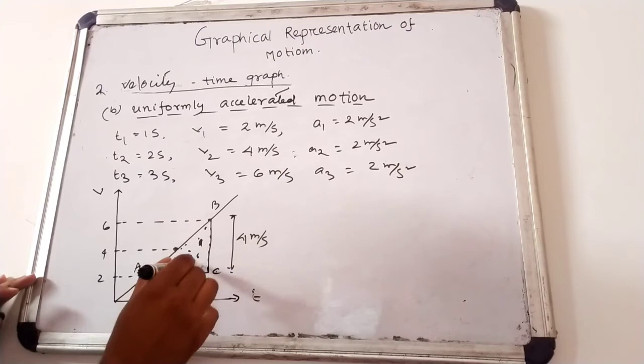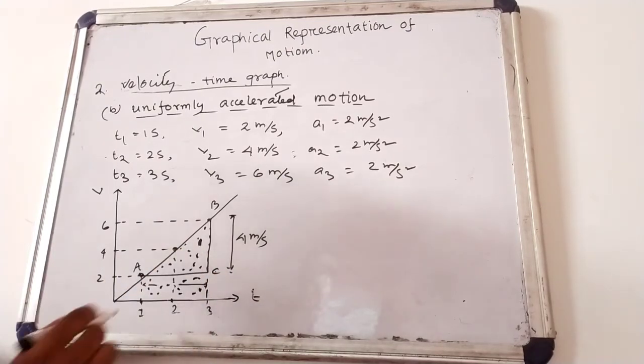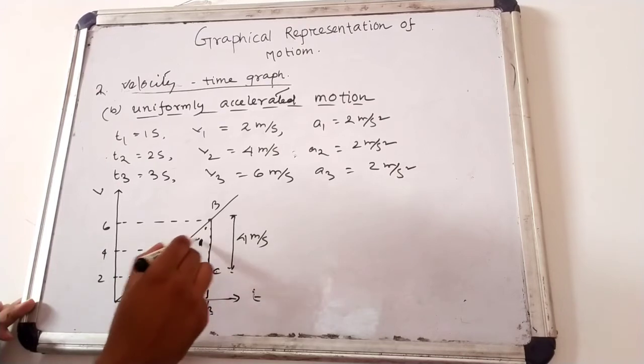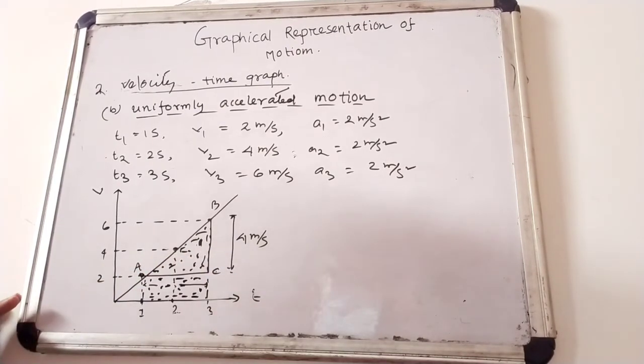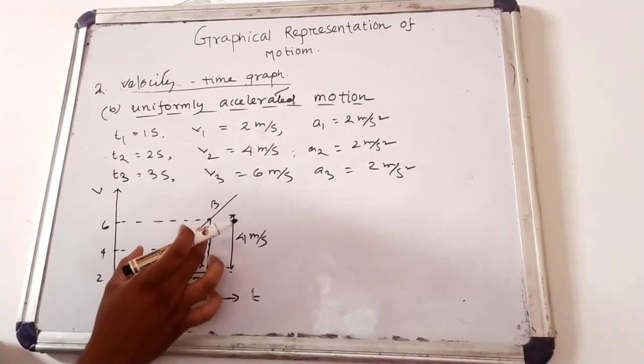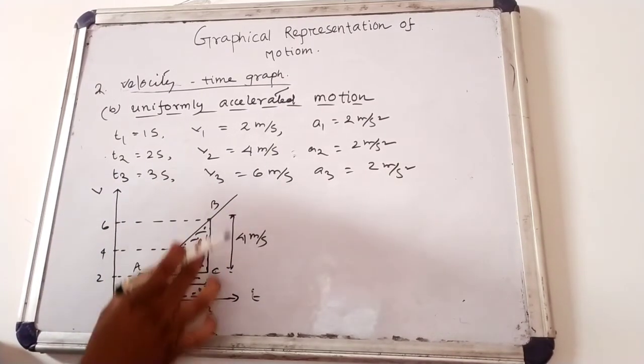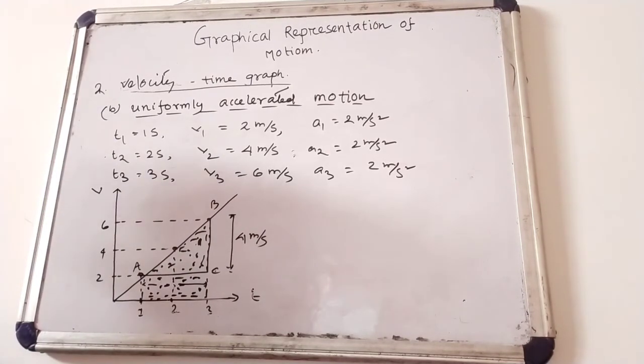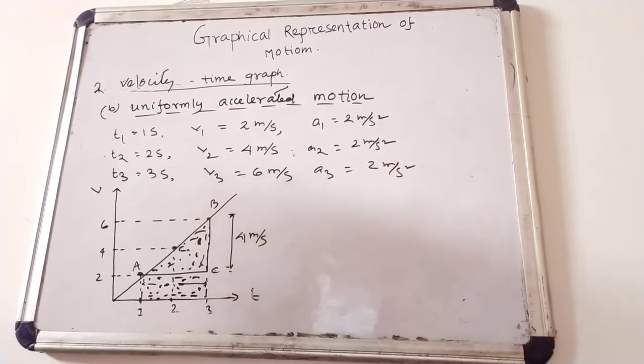Because this portion is the area covered by the graph AB, if we calculate the area of this portion, then we will get the distance covered by the object when moving from A to B.